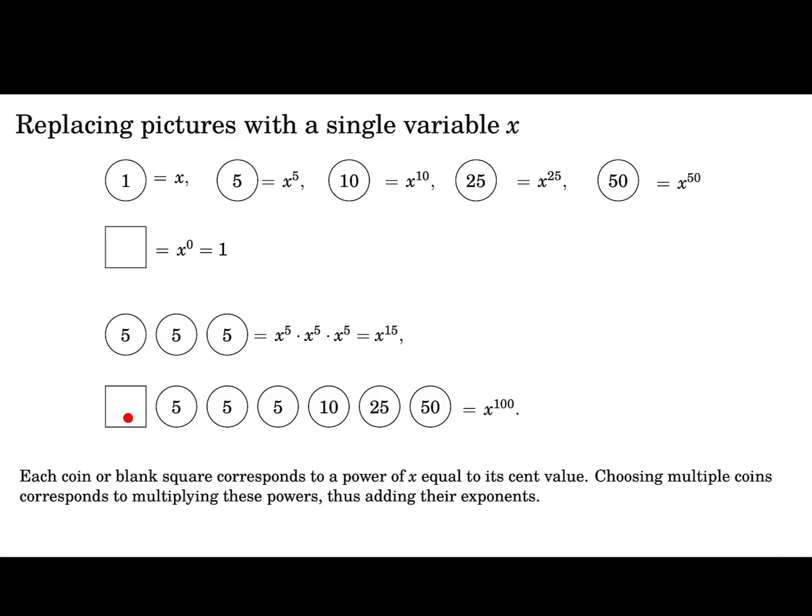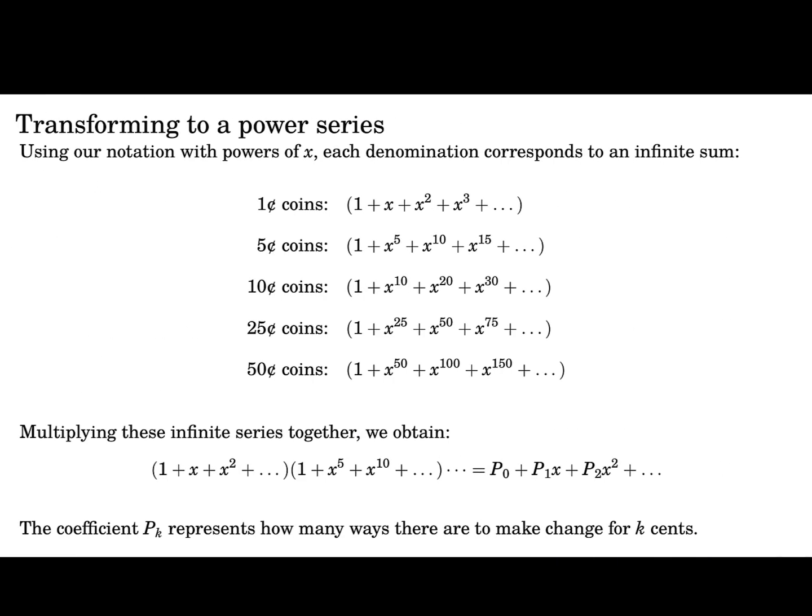And here, for example, choosing nothing times 3 nickels times 1 dime times 1 quarter and 1 half dollar is going to give you one way of doing a dollar, x to the 100, right? Okay, so with that, we can essentially transform our problem into a power series.